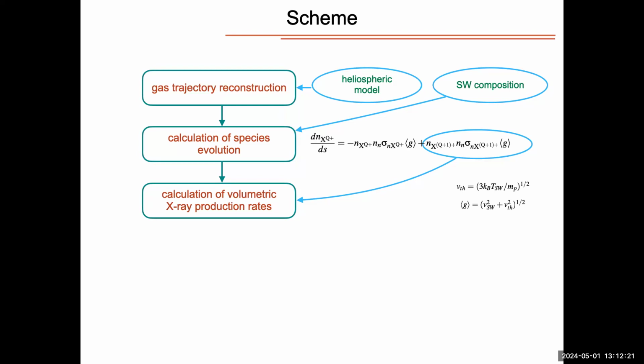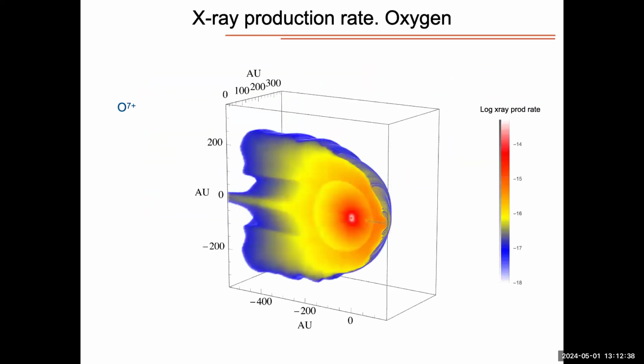And then we have this cascade of X-ray, and not only X-rays, but all of the production of all of the photons. So essentially, X-ray production rate is the production rate for the ions. And here's how oxygen looks. That's 7 plus ions. This is oxygen 6 plus ions. That's how they look.